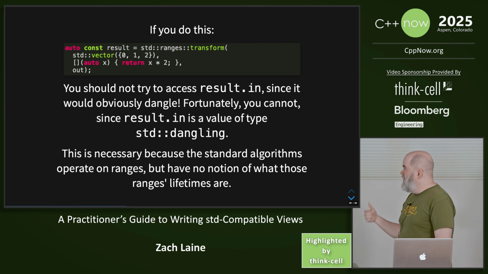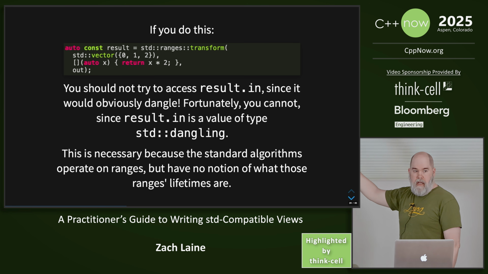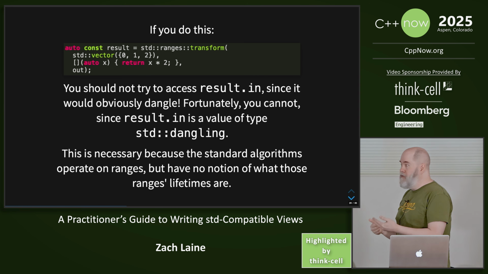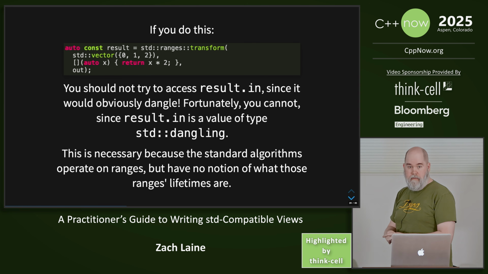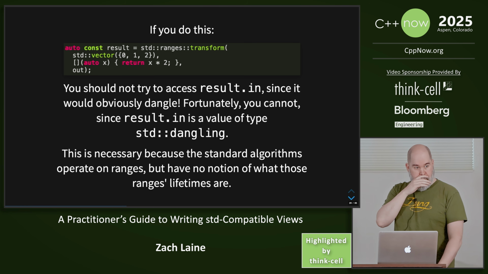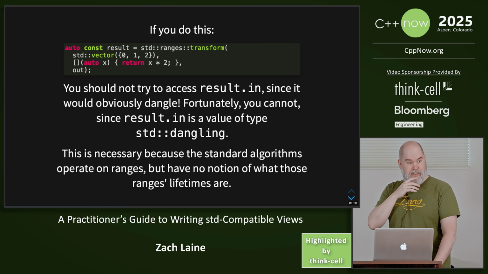In that case it's actually safe to return .in, but it can't tell that. It cannot reason about the lifetime. It has to make these safe guesses in terms of the value category, where there's rvalue and lvalue. And for parallel range algorithms, we now have borrowed iteration for in and out because we take a range as an output. Interesting.